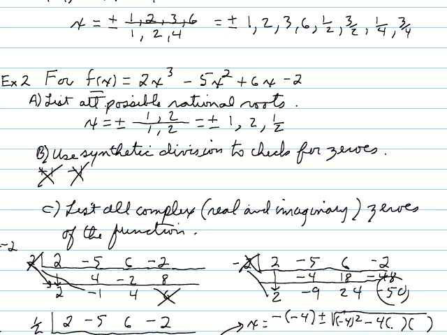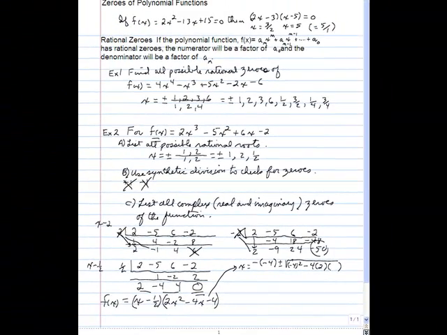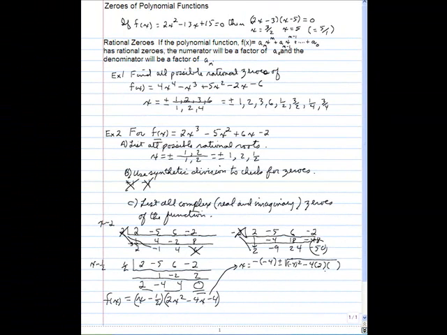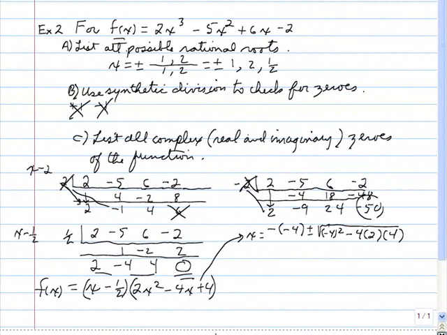Well, a is the number positive 2. C is the number negative... No, it's not either. It's the number positive 4. I miscopied. It was 2, negative 4, 4. So this is supposed to be a positive 4 here. And this is all over 2a, 2 times 2.